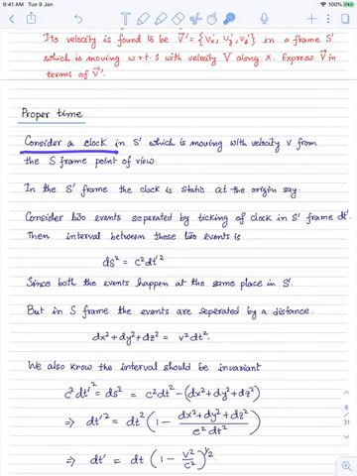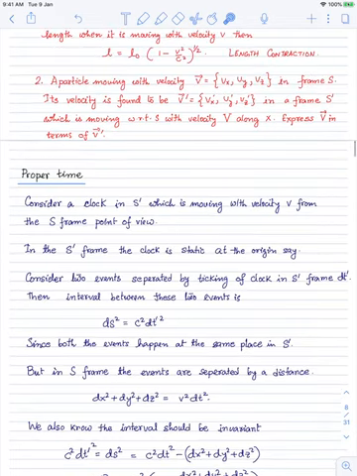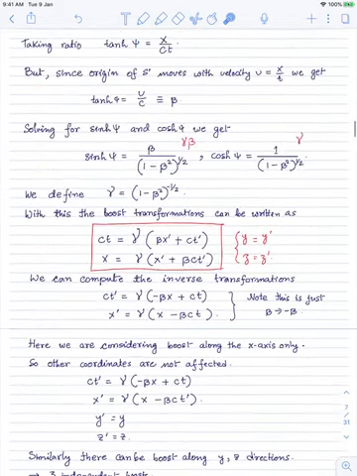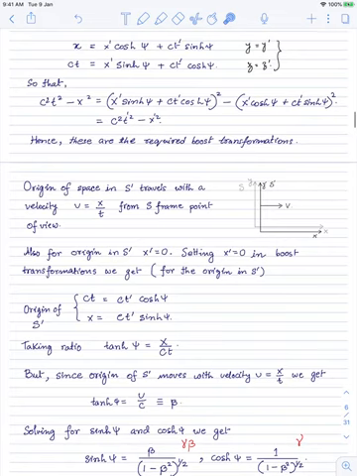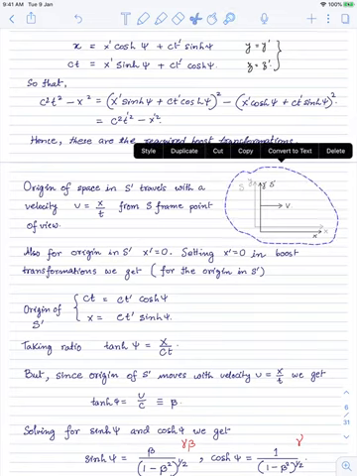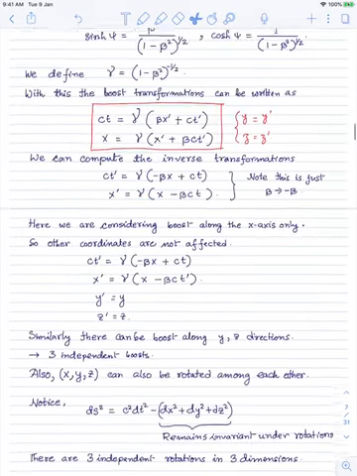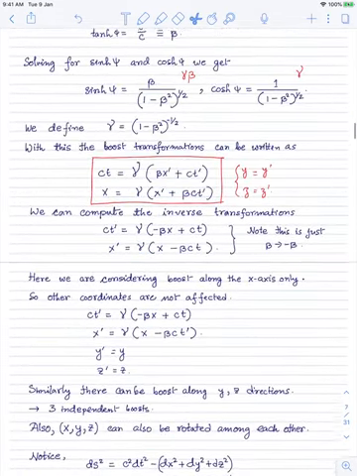Let us consider a clock in the S prime frame, which is moving with some velocity v from the point of view of the S frame. Again, please remember that diagram that I had. This is always going to be my convention when I'm talking about frames.